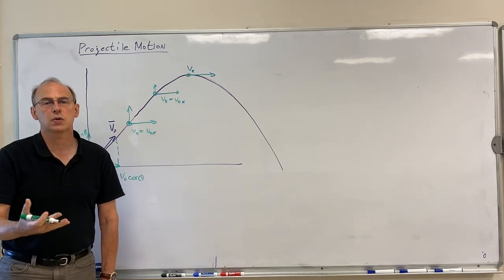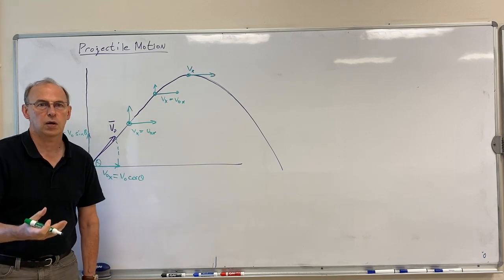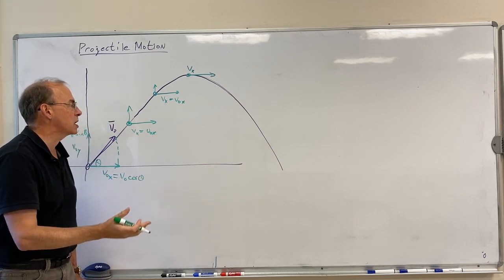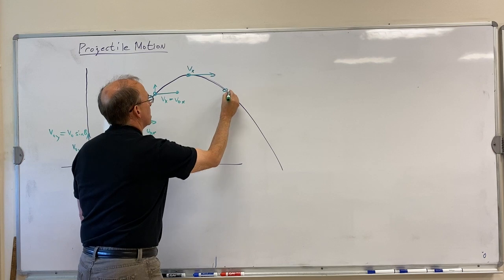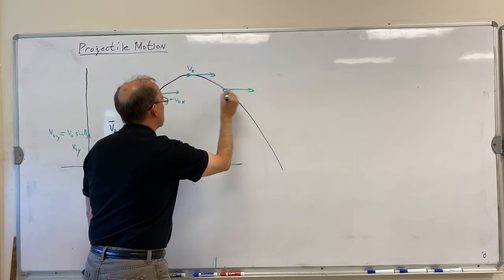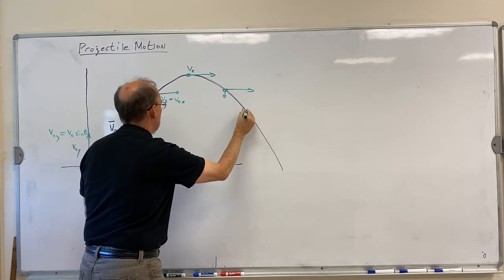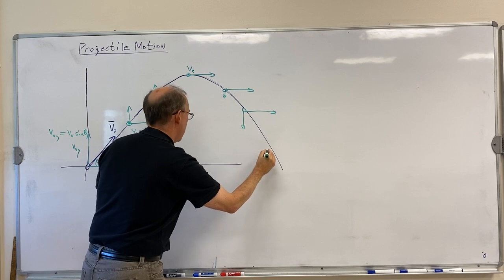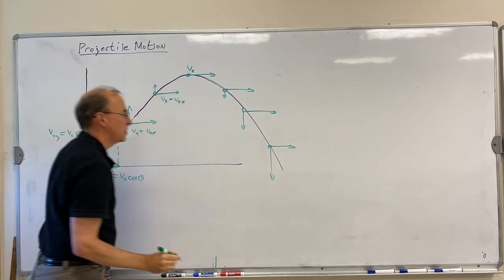Now that's assuming there's no air resistance. In reality, air resistance does slow down the x velocity, but we're neglecting air resistance in this. In as much as we can neglect air resistance, this is what happens. And then as the thing starts falling again, the x velocity still staying the same, and gravity starts accelerating the object, and it's getting faster and faster as it falls.